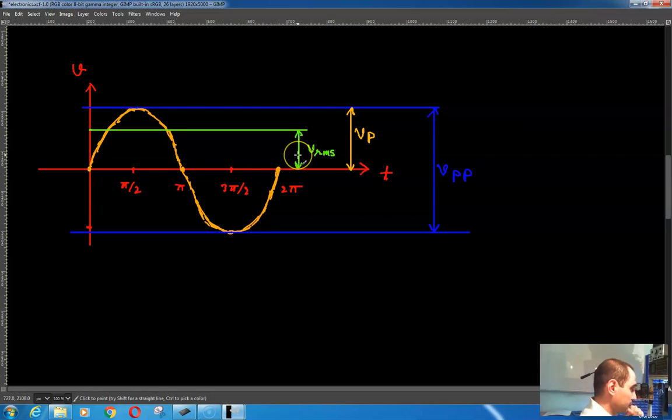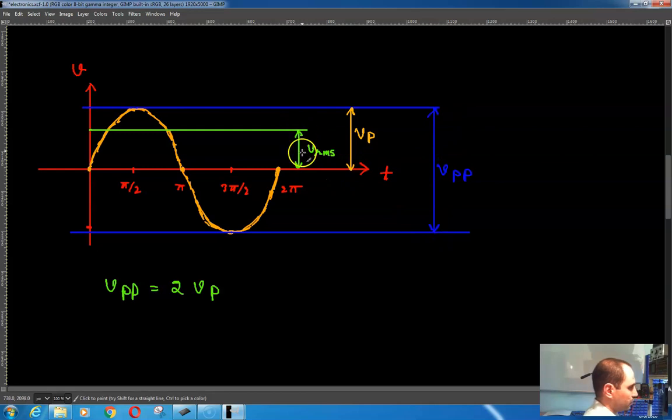So what that means is that the relationship between these voltages is that, of course, you can see very clearly that V of peak to peak is the same thing as 2 times V of peak, because this voltage is essentially half of this voltage, right?